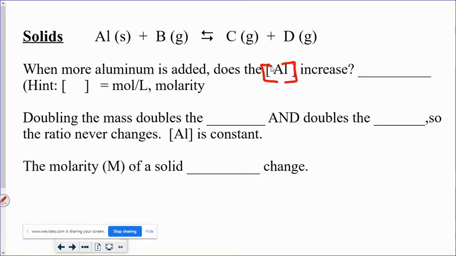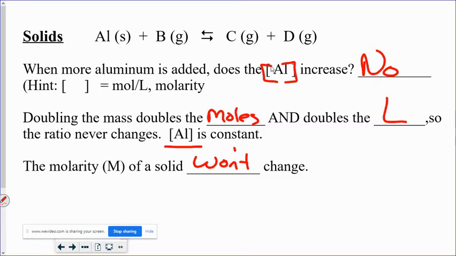So when more aluminum is added, does the molarity of the aluminum change? And the answer is no. Doubling the mass doubles the moles, and that doubles the liters, so the ratio never changes. So the molarity of aluminum is always the same. The molarity of any solid won't change. So any solids that we have, their molarity simply will not change.